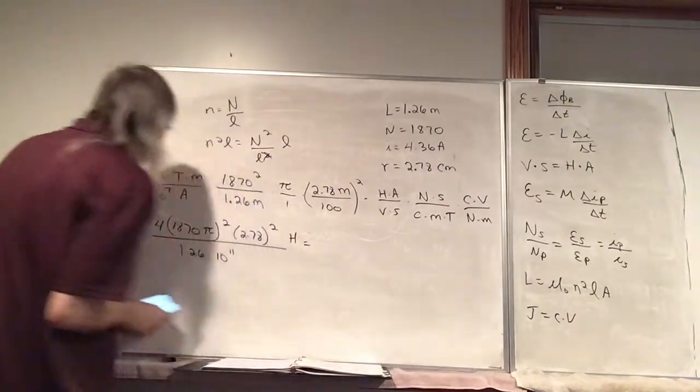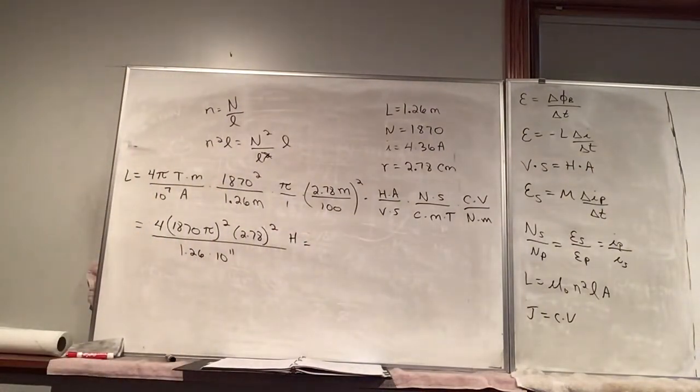So let's do this. I'm going to do 1870 times pi. I'll do 2.78 as well. So what I'm getting is 16,332. And then I'm just going to square that, and multiply by 4, divide by 1.26.